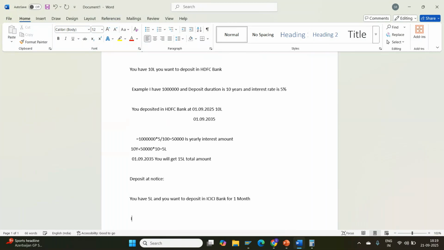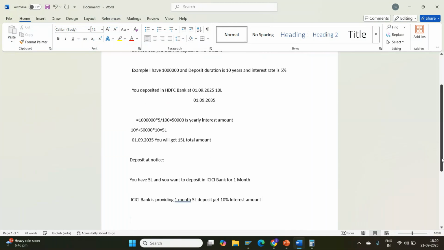Here you can see ICICI Bank is providing 1 month, 5 lakhs deposit, and you get 10% interest amount. So at this level also you are getting the interest amount. How will you get that interest amount?